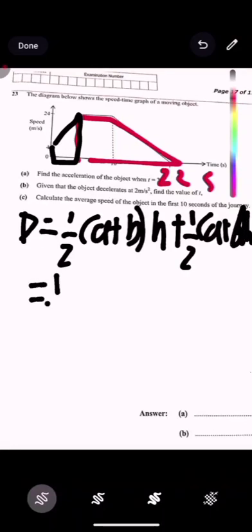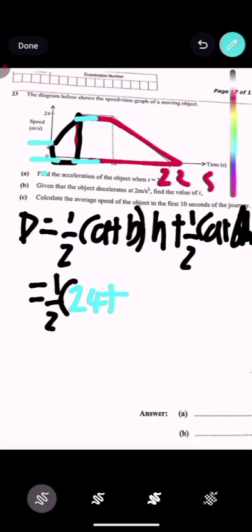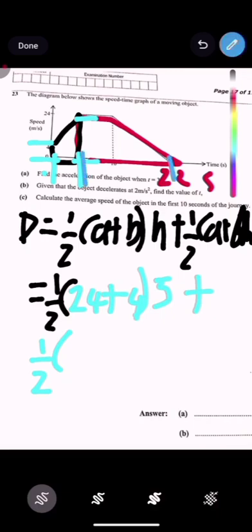Okay, so half for the first one, A is the distance from here to here, which is 24, plus B is the distance from 0 to 4. Height is from 0 to 5 here, plus again half for the big one now. A is from here to here, 5 to 22. 22 minus 5 is 17, right?